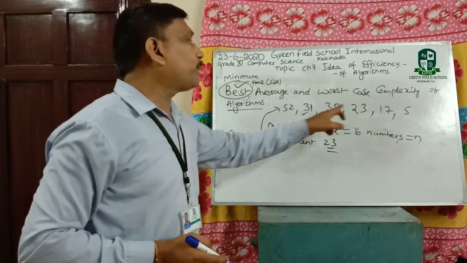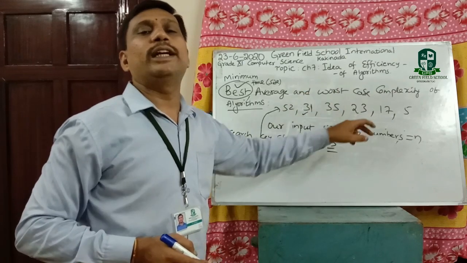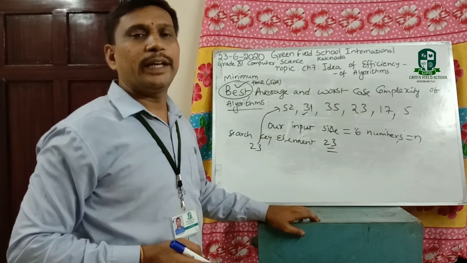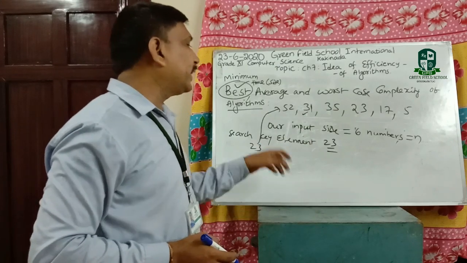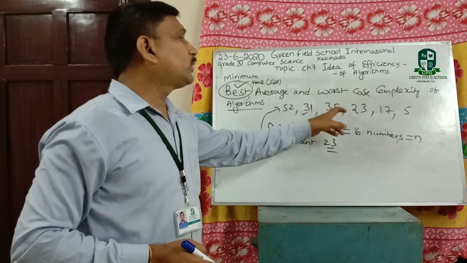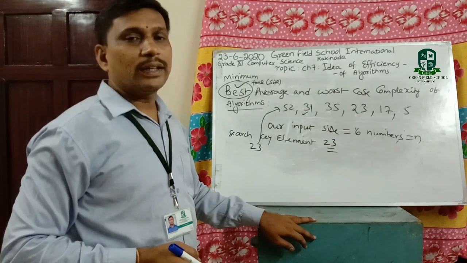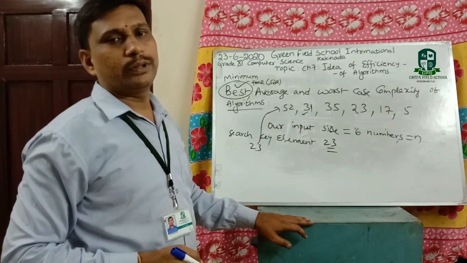So again I compare with the next number by using the for loop. By using the for loop, how many steps are there in total? Considering input size n, I have taken 1, 2, 3, fourth step. My key search element is found in the for loop.